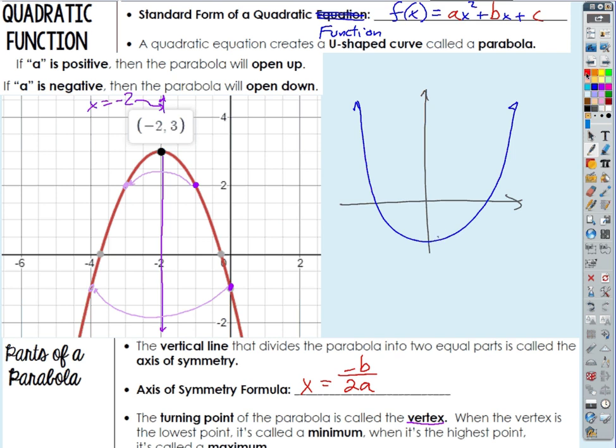Now, what are the names we would give to those things? What would I call this kind of a turning point here, my vertex? That's going to be a maximum because it's the highest possible value. What would this be? That's a minimum because it's the lowest possible value.